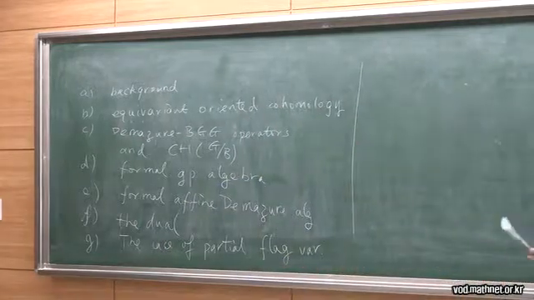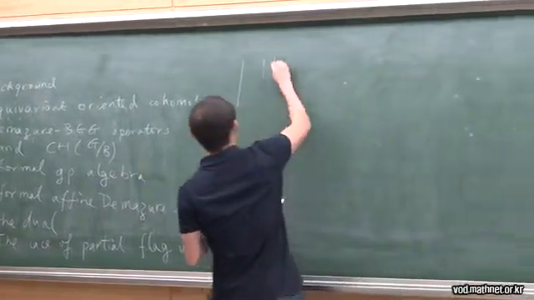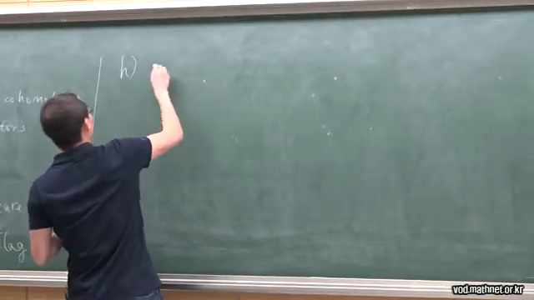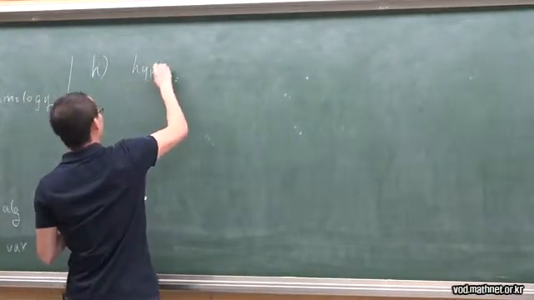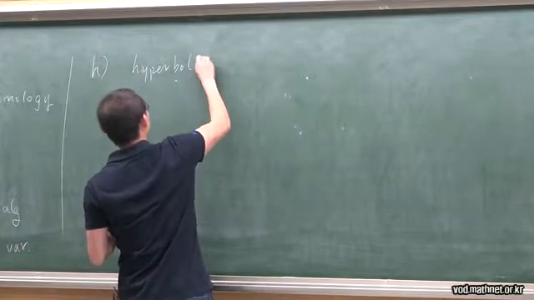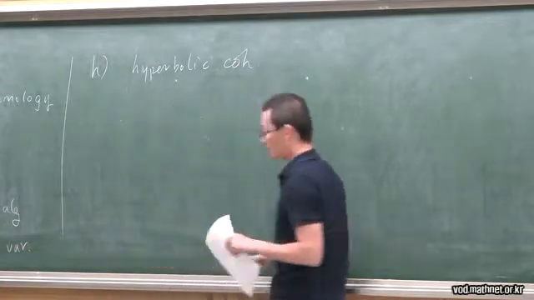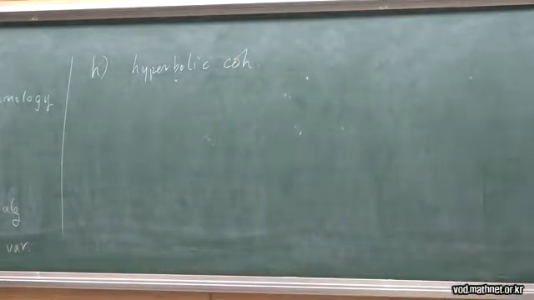And in the last part, if we have time, I will mention oriented cohomology. That's a cohomology generalizing Chow group and K-theory, a bit more general, and it behaves nicely in the sense that we can use it to study the Schubert calculus.